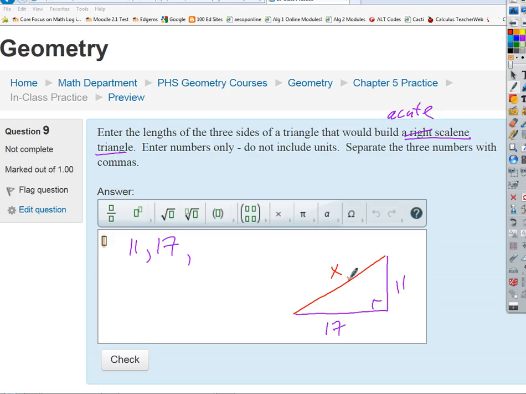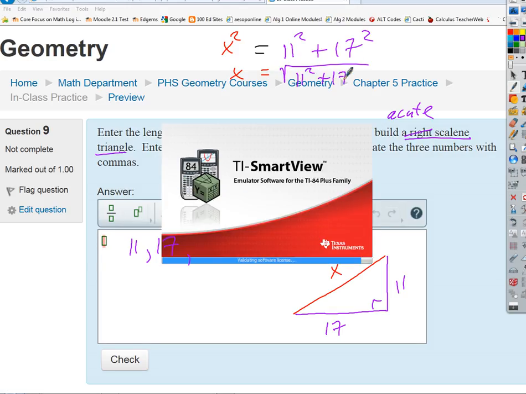So we would know then that x squared would just equal 11 squared plus 17 squared. So whatever that number is, x would just equal its square root, right? So x is just the square root of 11 squared plus 17 squared.